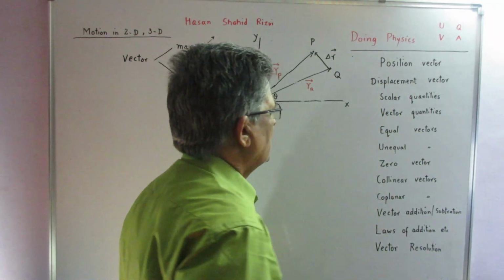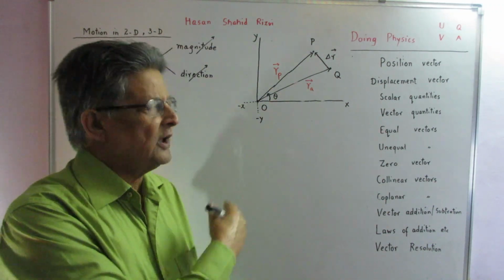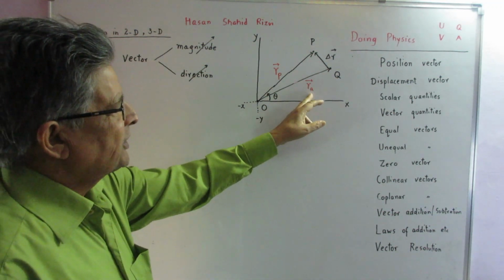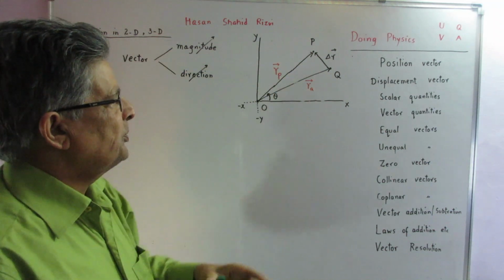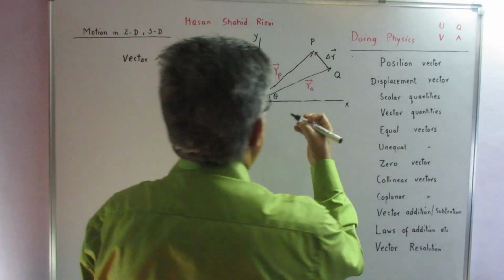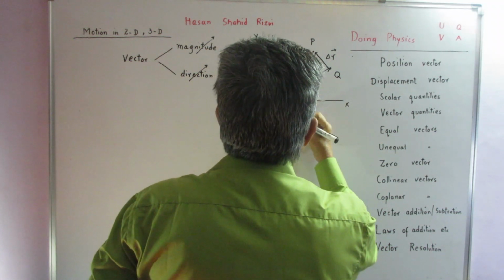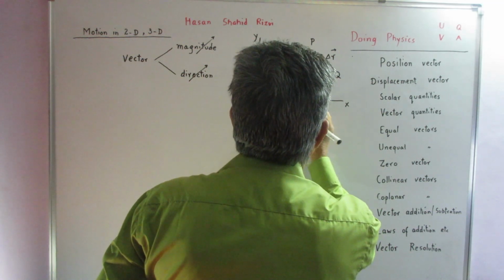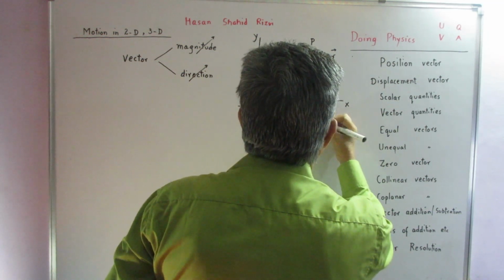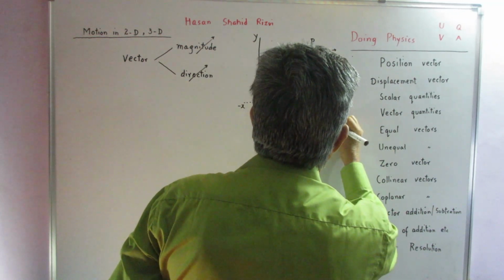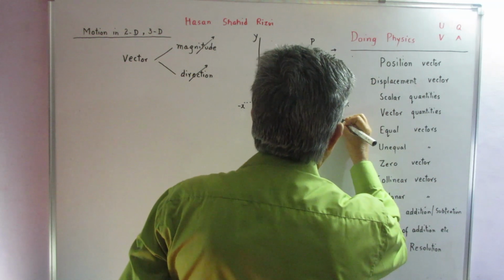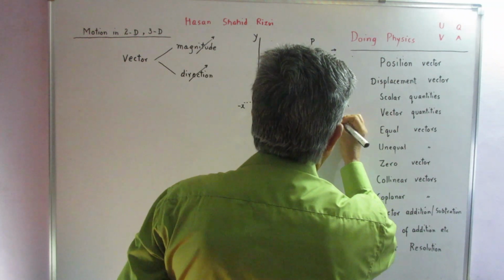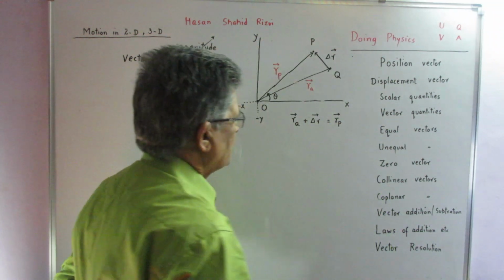Now this is the displacement vector, and the ensuing algebra for the vectors will show that RQ plus delta R is equal to RP. I am using the vector sign.